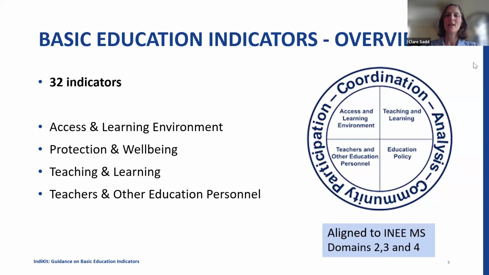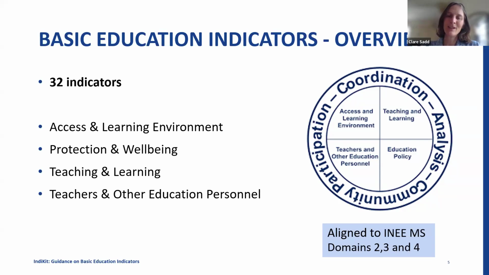They're separate. So we've updated the basic education indicators, and we now have 32 different indicators across a range of thematic areas within education. As you can see from this slide, they're organized around the INEE minimum standards domains. They're focusing mostly on domain 2, access and the learning environment, which also does include protection and well-being, as you probably all know.